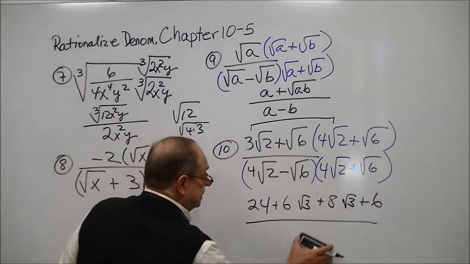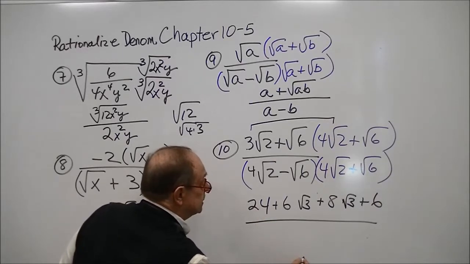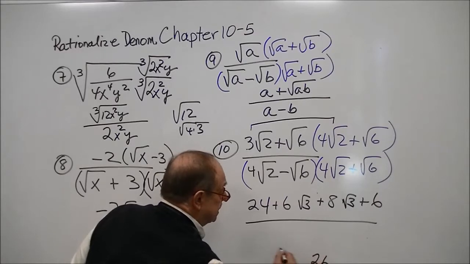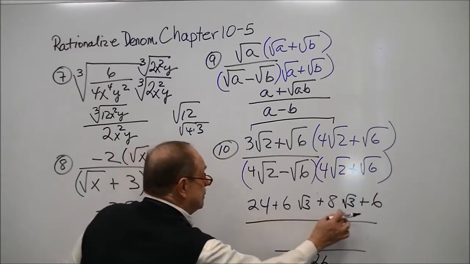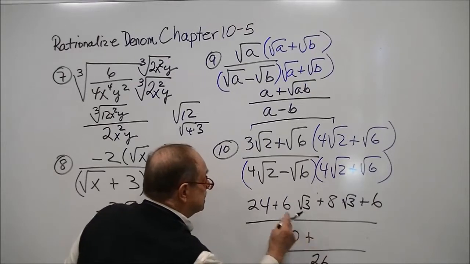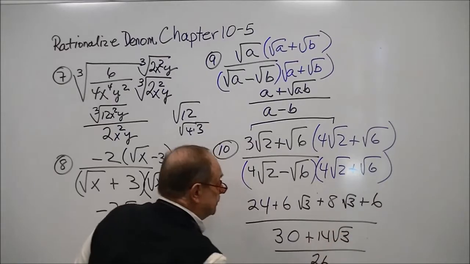And let's see, I can put it down here. That's over 26, we said. So 24 and 6 is 30, plus 14 square root of 3.